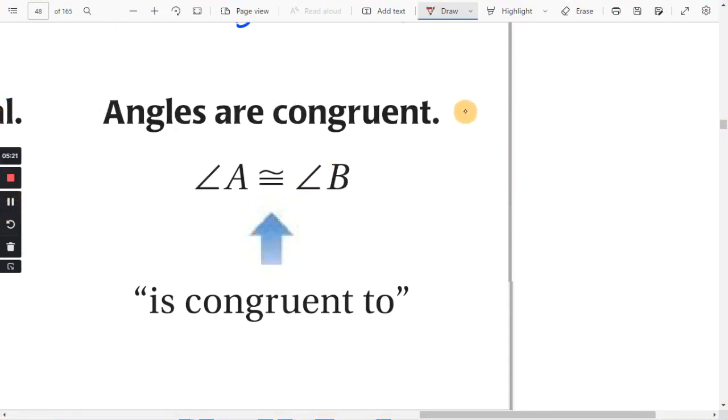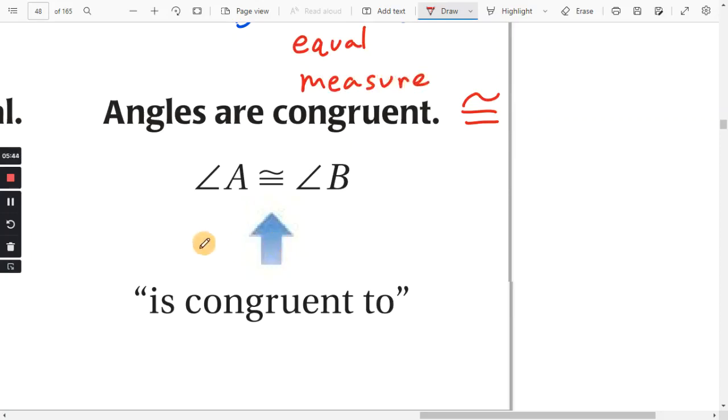Okay, the congruent symbol is the equal sign with the squiggly line on top. And congruent, of course, as we've said in the past, that just means equal measure. Okay, so with the line segments, it's equal length, but with the angles, it's equal angle measurement.